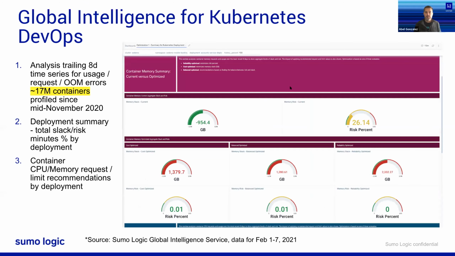So with our global intelligence for Kubernetes, we do an analysis of eight days of trending, and we've profiled over 17 million containers since November of 2020.